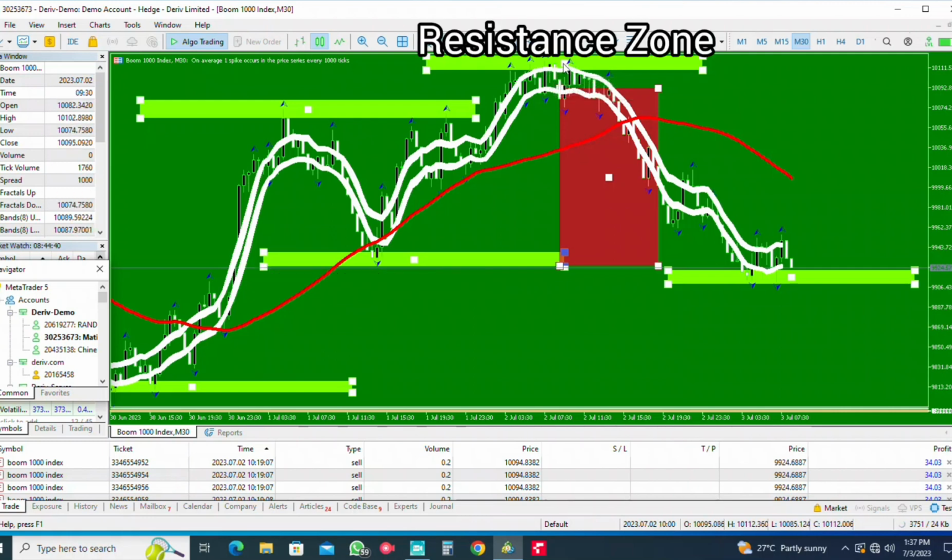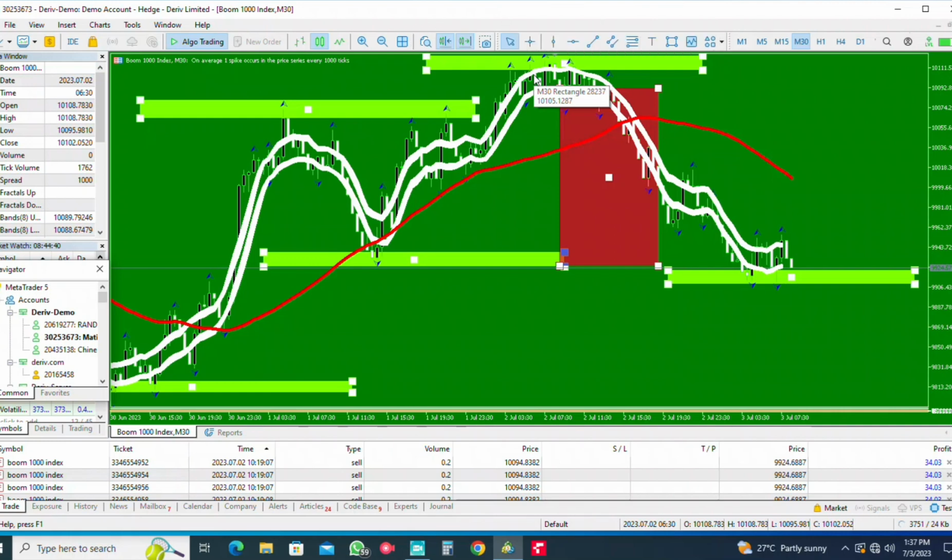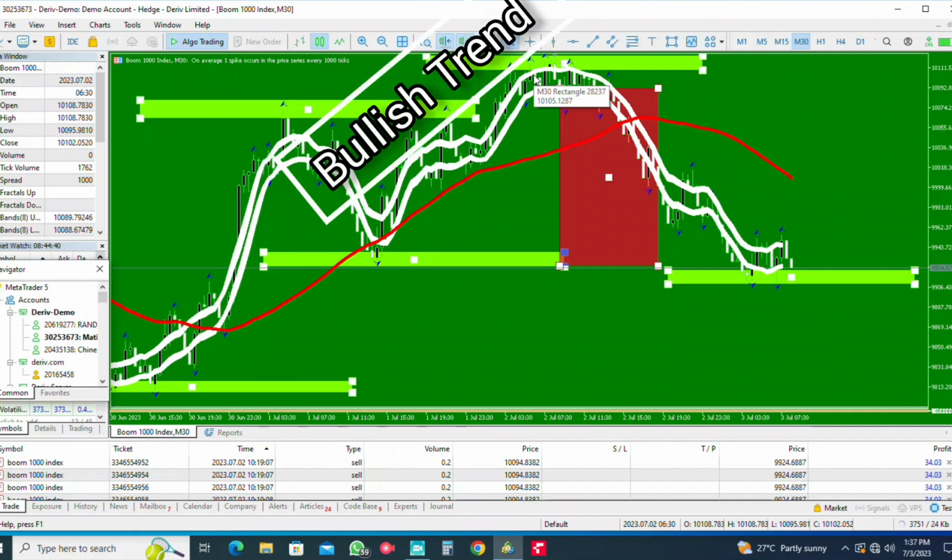This highest level is called the overbought level of the market. It's very important to be patient enough to allow the market to exhaust its bullish trend.